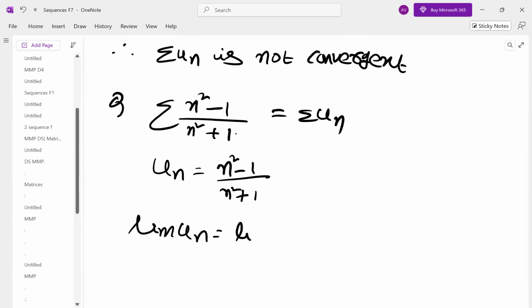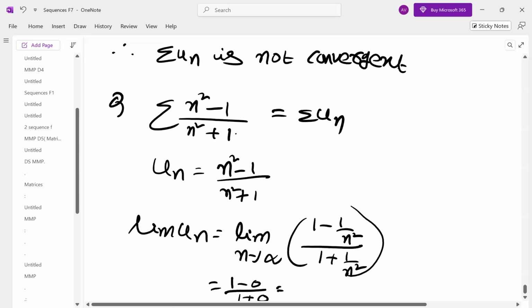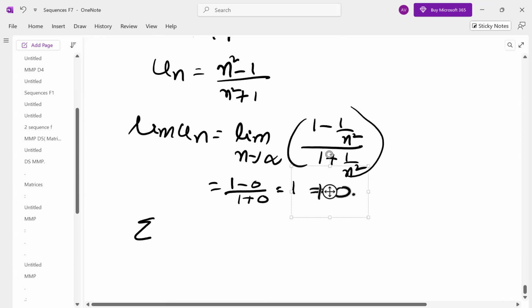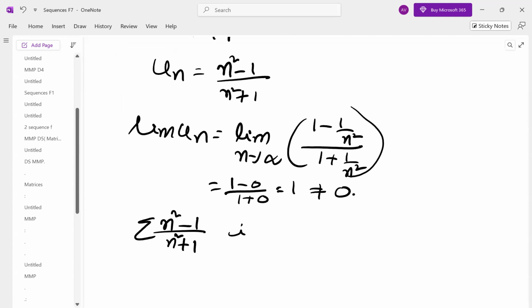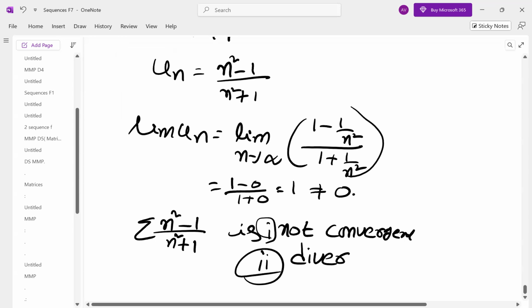Divide by n square. 1 minus 0. Therefore, it is not convergent. Moreover, divergent because it is positive term series. You can also conclude divergent directly, given in many papers. This is there among options. Divergent is also correct because it is positive term series.